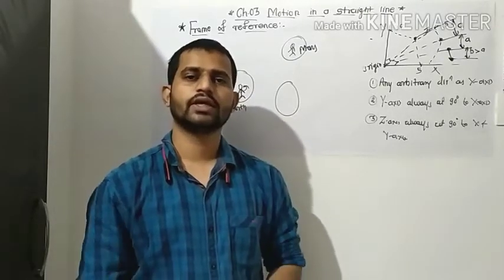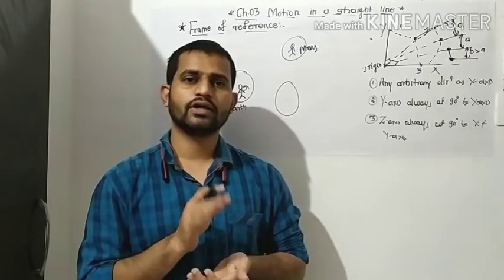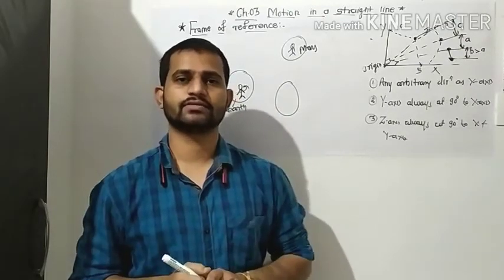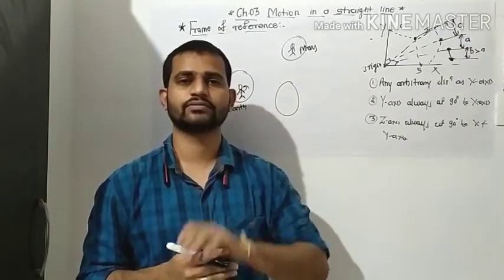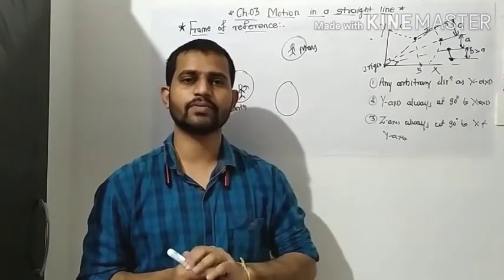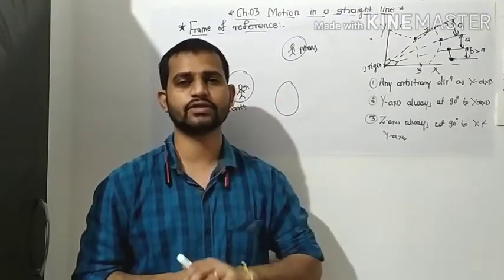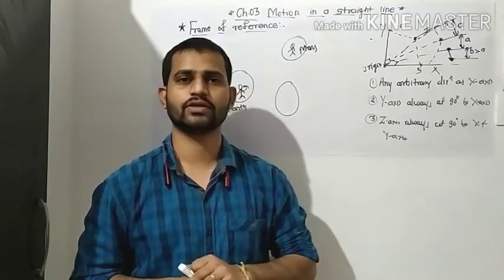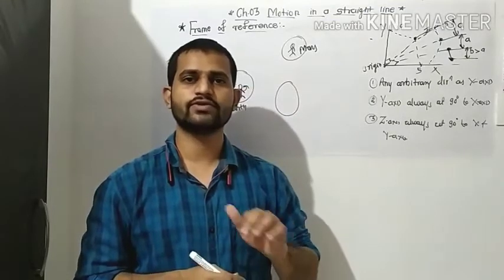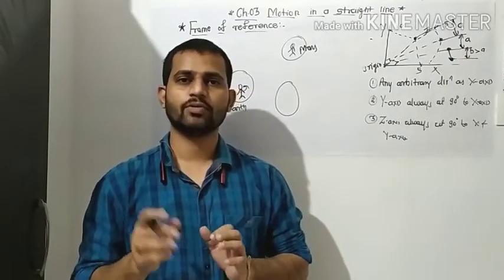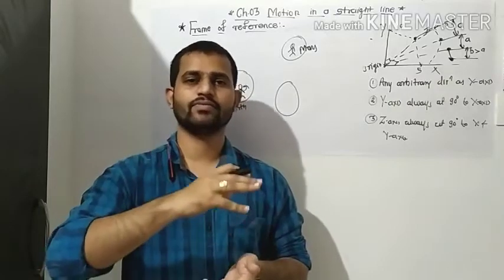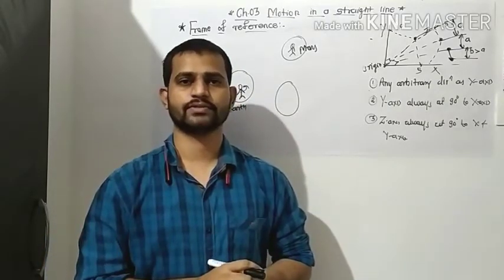No, because the earth is the frame of reference in this case, since the person is on the earth. Earth is the frame of reference and he is trying to observe the earth's motion, so it is not possible, because the observer is at the frame of reference.